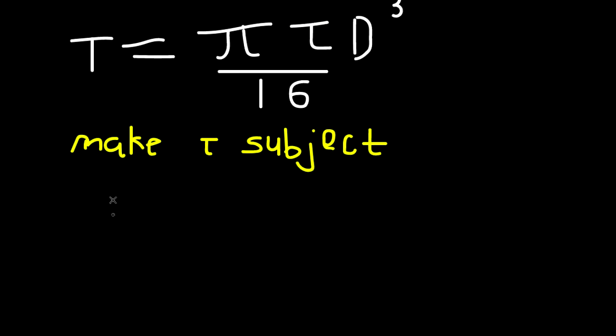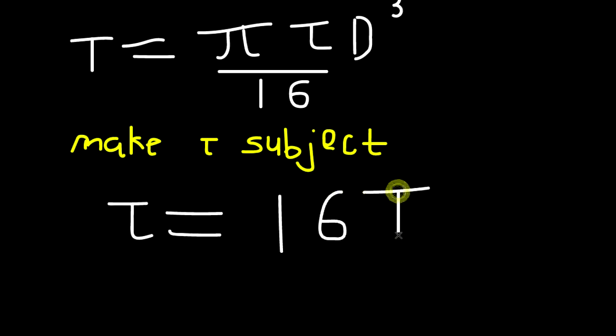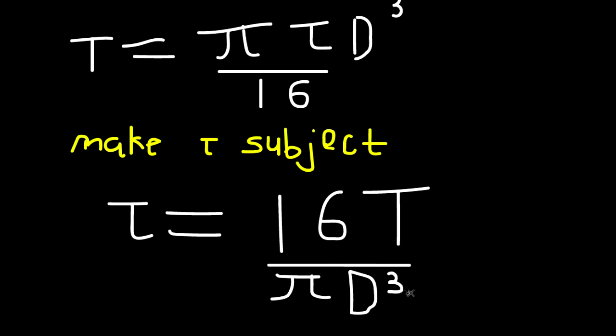We get that tau equals 16T all over pi d cubed, which is in newtons per millimeter.